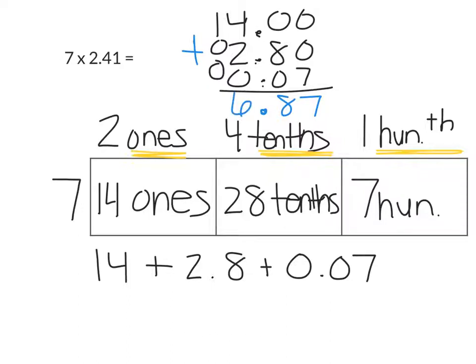And in my tens place, I have 1 plus 0 plus 0, which again is just 1. And so when we multiply 7 times 2 and 41/100ths, the answer that we end up with is going to be 16 and 87/100ths.